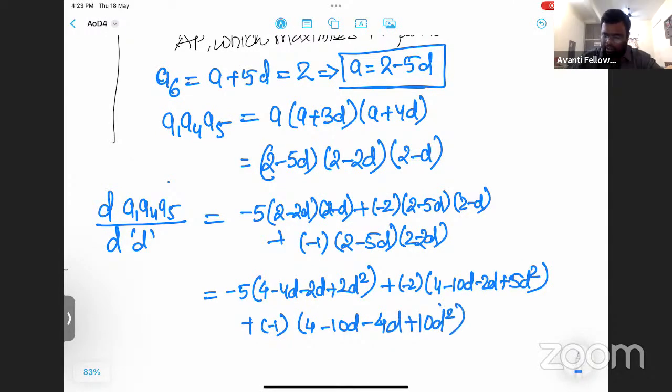Okay, and this ultimately has to be equal to zero, so let's simplify it further. Take the minus out, so we get minus 5 common.